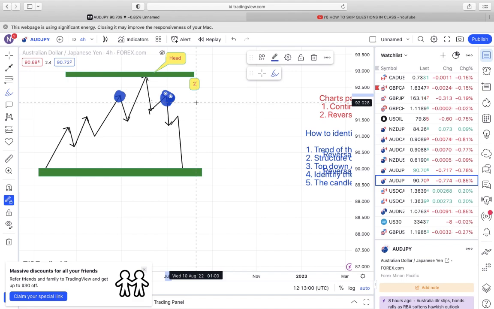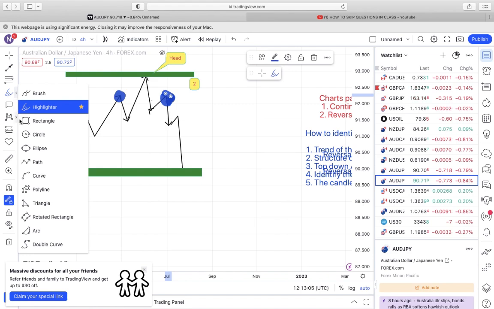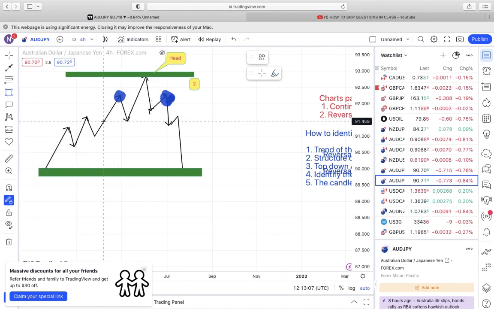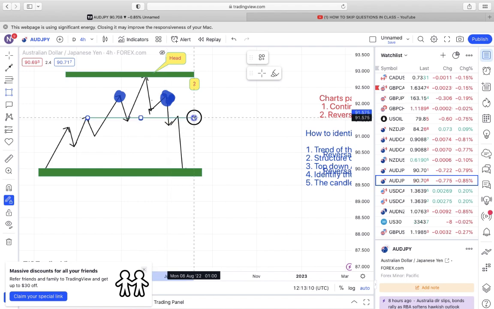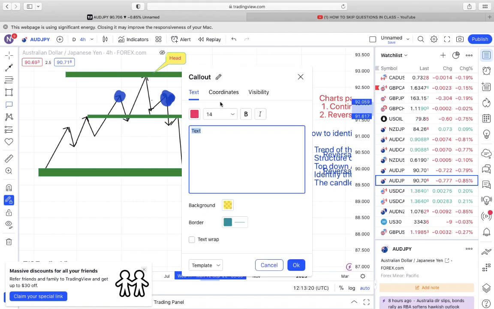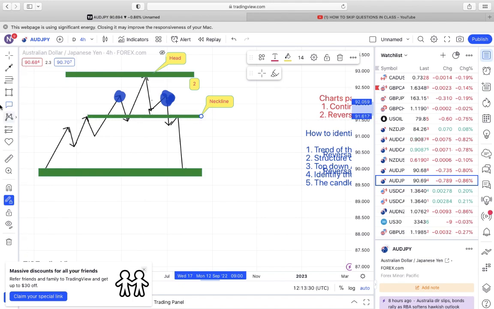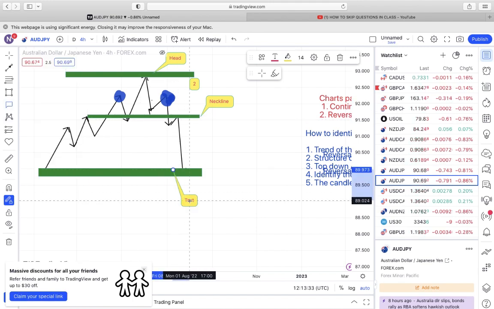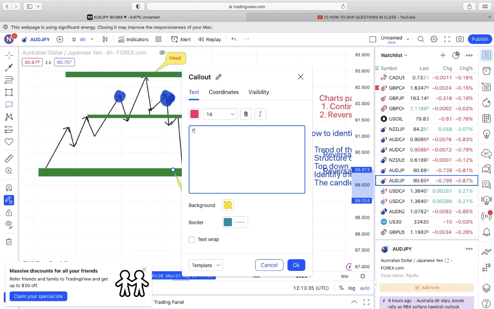Now what you do, we come and mark our neckline, because we now have a shoulder. You come here, mark your neckline. This is our neckline. You can name it neckline. Then this is our support.